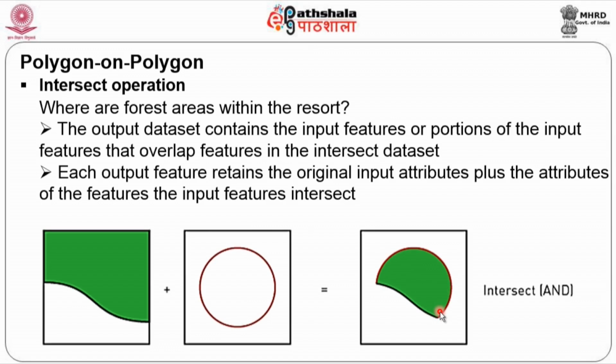But remember that in each of the cases the output is very important. So this particular output will contain features and retain the original input attributes as well as the attributes of the intersected feature, namely the forest area. So this is how intersection goes on.